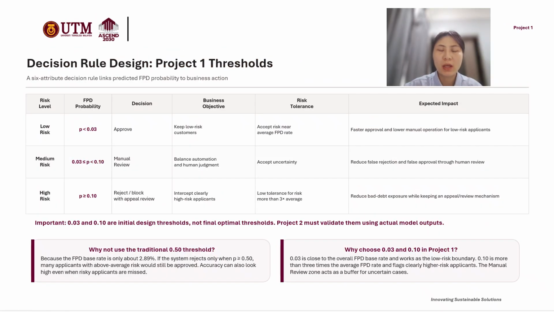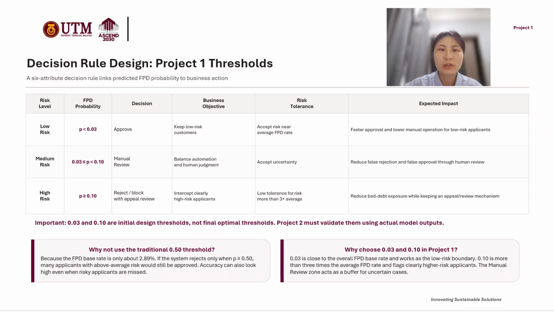Hello, Doctor. My name is Li Honglin, and I will present the transition from Project 1 design to Project 2 model validation. This slide shows the 3-tier decision rule designed in Project 1. The predicted FPD probability is converted into 3 decisions: approve, manual review, and reject.